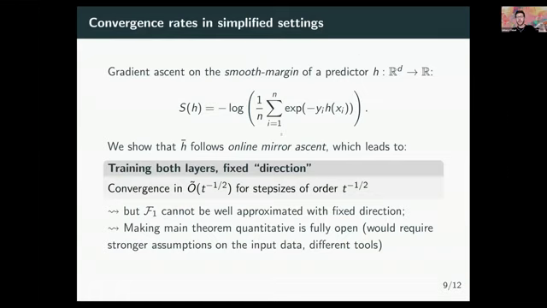What we show is that implicitly, when we do the gradient descent dynamics, we are doing some form of online mirror ascent on a sequence of losses that converge to the margin objective as the norm of the predictor grows to plus infinity. That's the philosophy behind our proof, and it allows us to obtain a certain convergence rate. So that was a small comment in passing on quantitative results in terms of optimization.